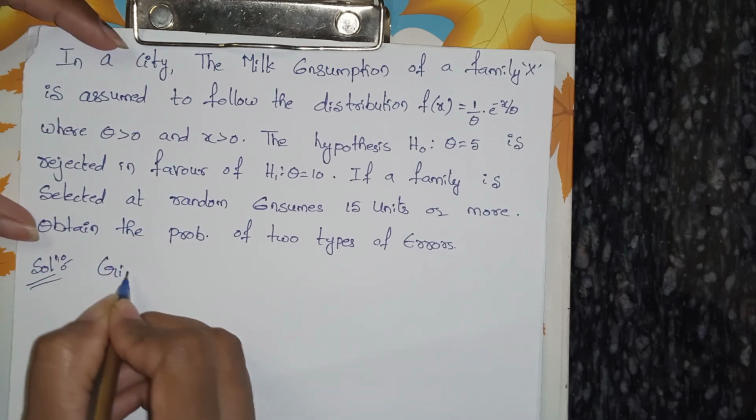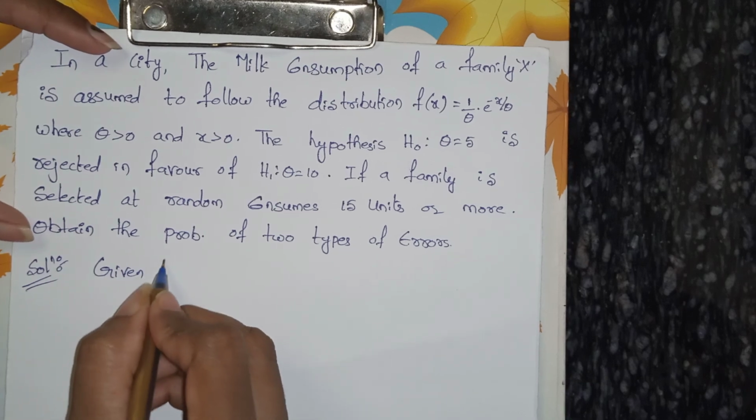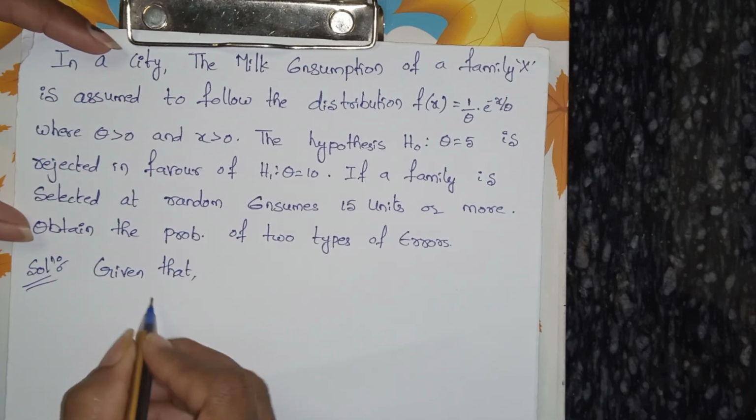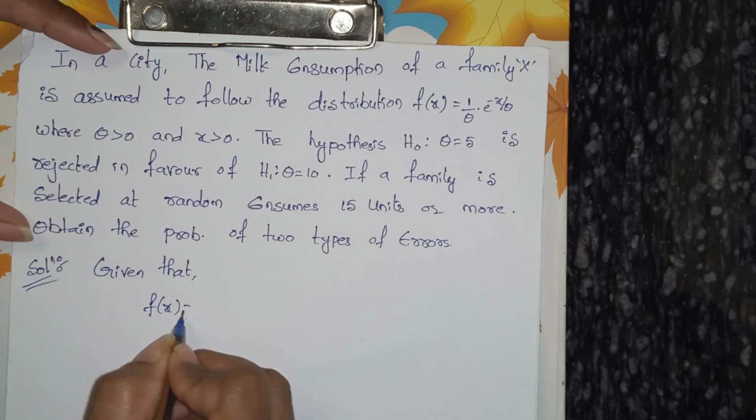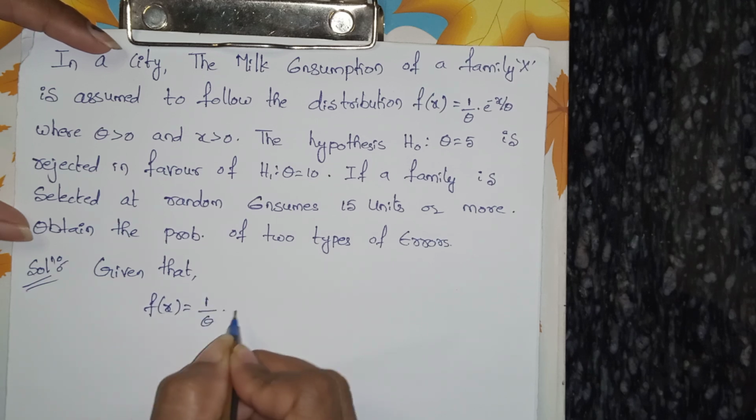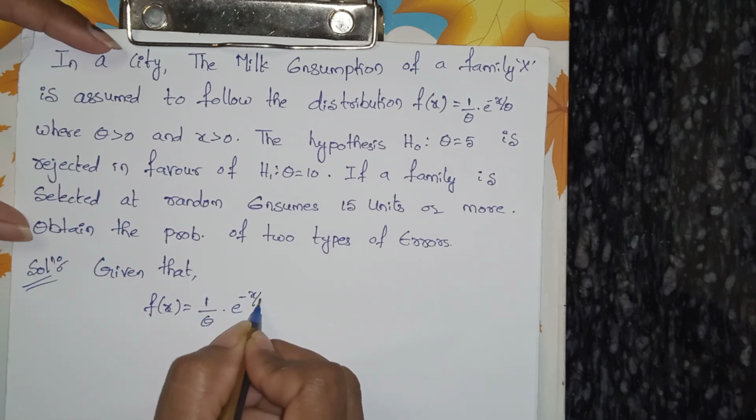Given that, first we'll write the given values. f of x equals 1 by theta into e to the power of minus x by theta.